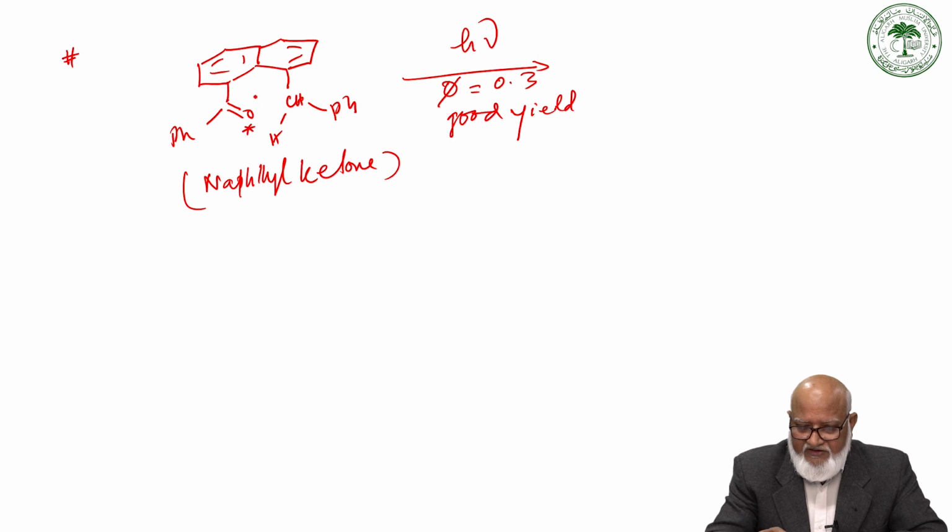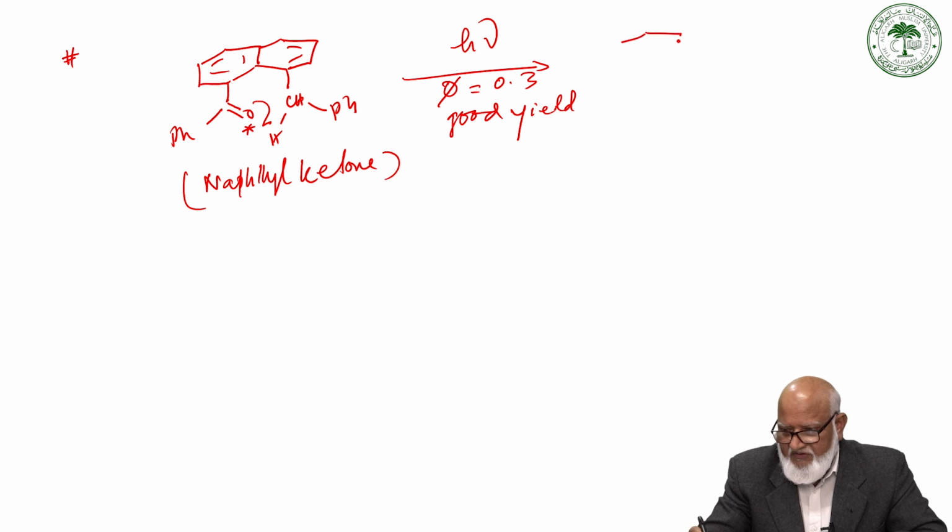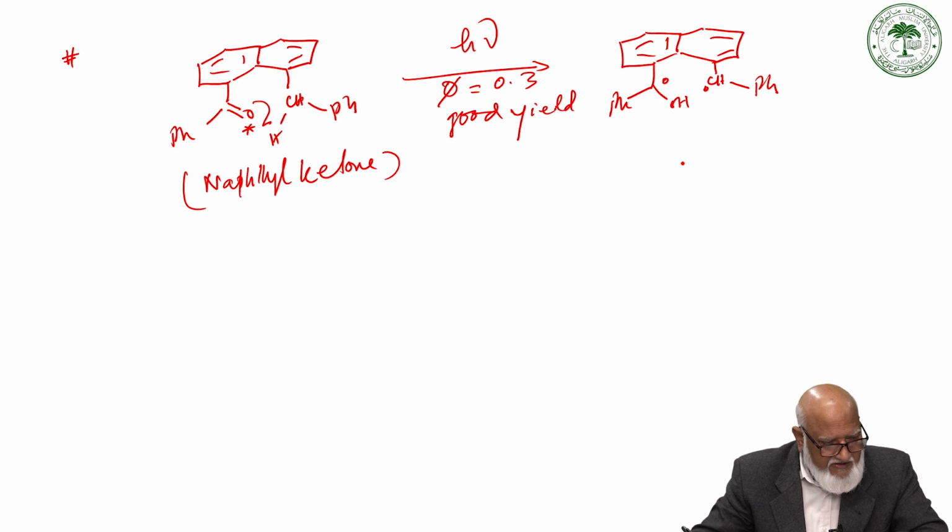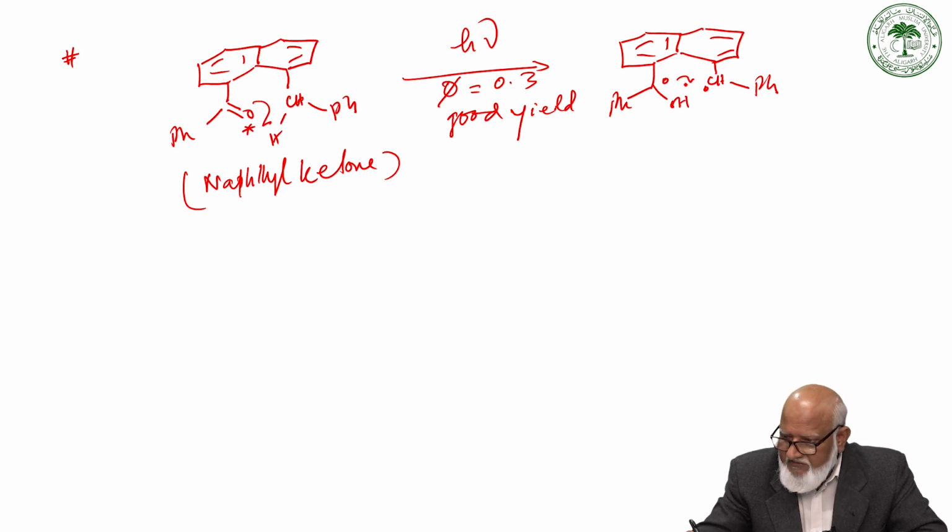So this excited carbonyl is nicely set to abstract this hydrogen atom from the other benzene ring to give an OH, Ph, CH, Ph diradical. And now this diradical may undergo cyclization to give a 5-membered ring.